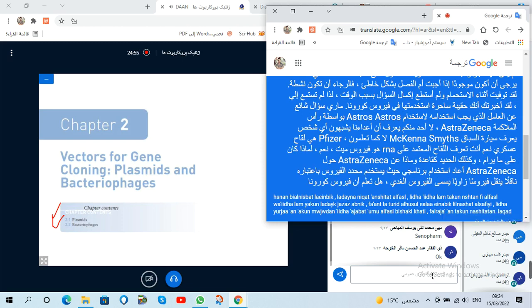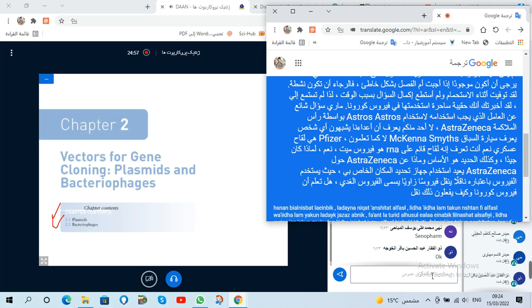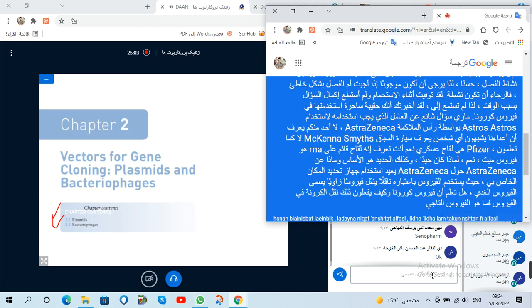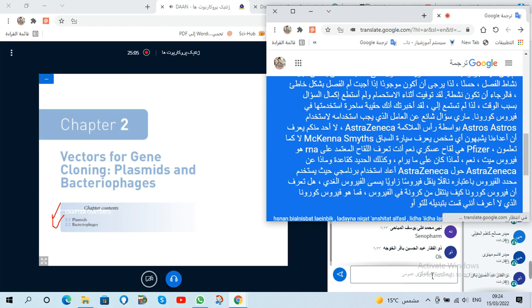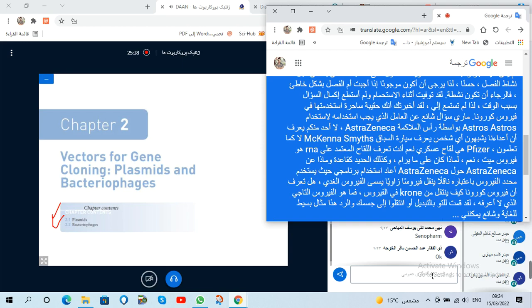So what is the adenovirus? Adenovirus is a vector, and they transfer it to your body. Understand? This is a very simple and common example that I can use for you for the vectors.